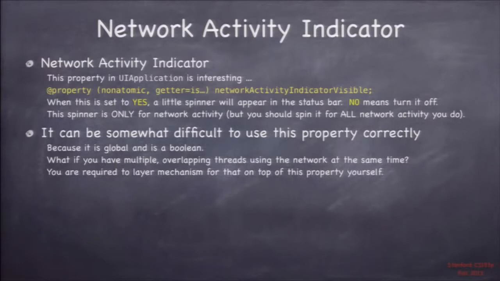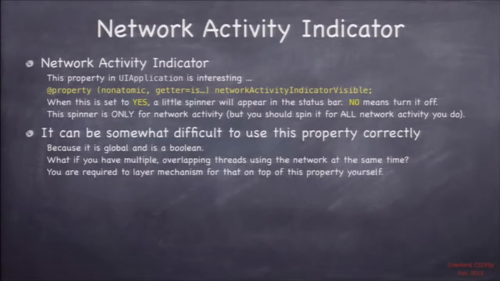Then in another thread, you fire off a little Flickr fetch. It's only going to take 1 second. Okay? So it fires off, it turns this on. 1 second goes on, it finishes, it turns it back off. Now it's off, but the 10-second one is still running. Okay? So that's bad. So it's totally up to you, unfortunately, to put mechanism in your app for dealing with that unfortunate simplicity of API.